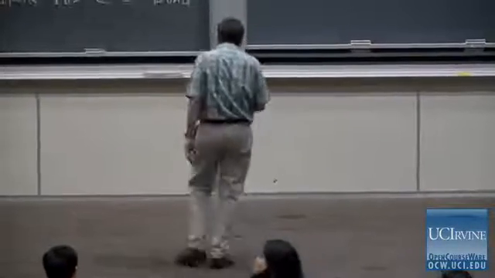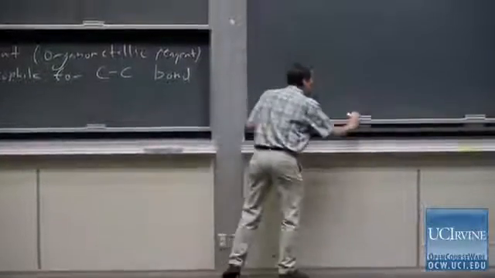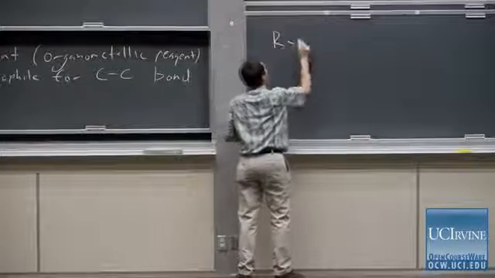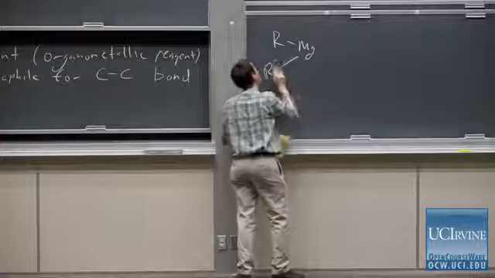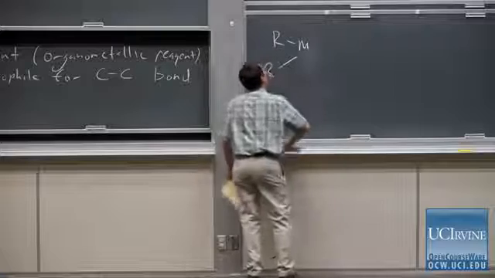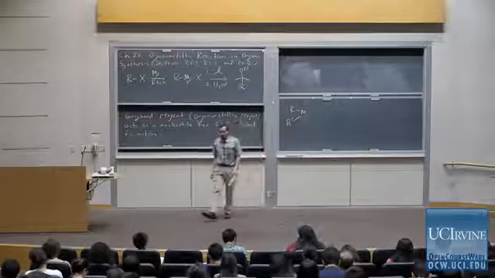Well, I want to introduce now a different concept, and I'll introduce it in such a general way that I think it really is more a statement of philosophy at this point than a particular reaction. But imagine for a moment we had something a little bit different.